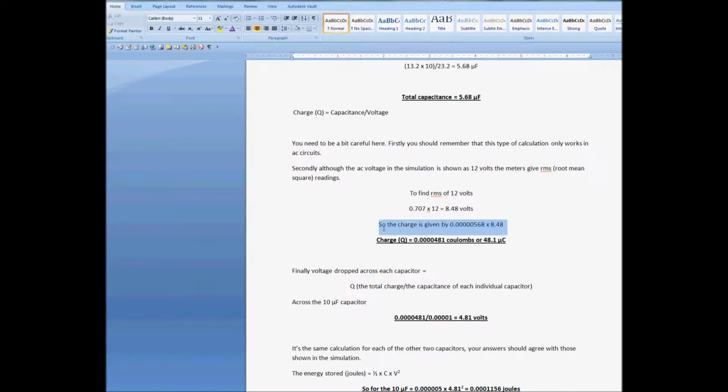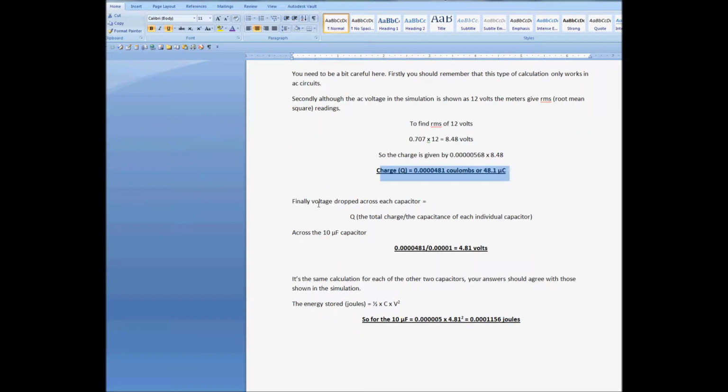So the charge is given by that particular calculation. You take the total capacitance and times it by the applied voltage, and you come out with a charge here of 48.1 microcoulombs.